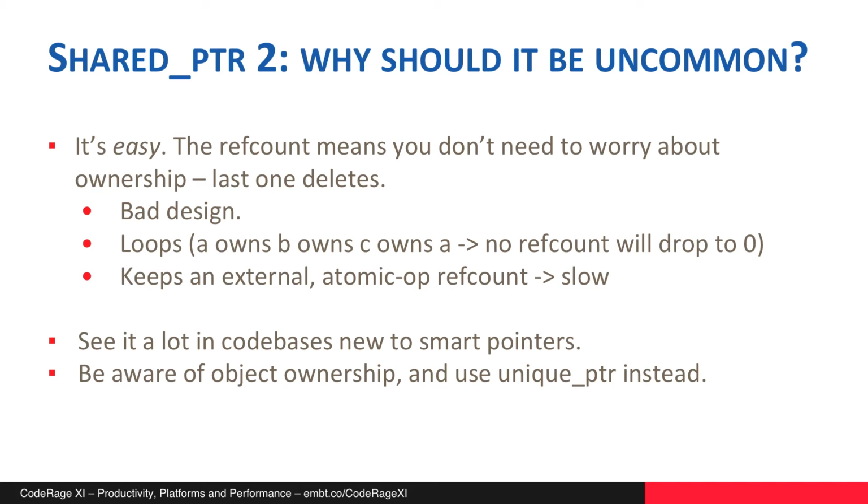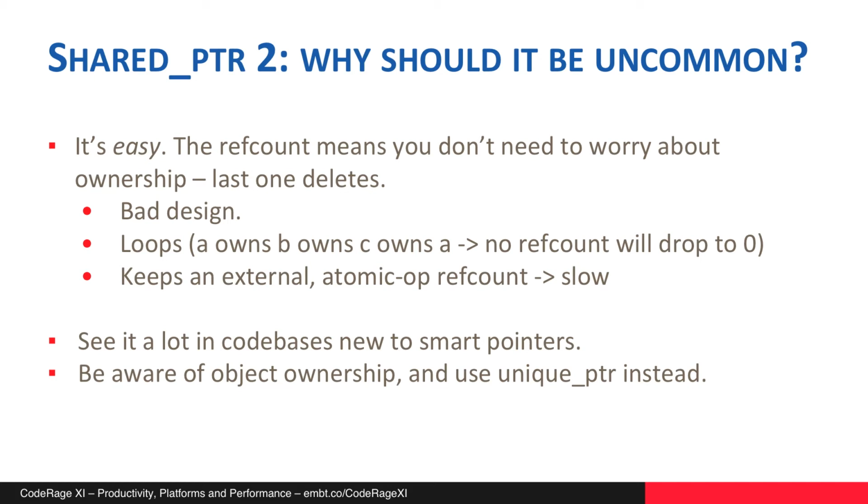So in my experience, you see it a lot in code bases that are new to smart pointers. And that's good because you're using smart pointers and you want to take advantage of using smart pointers, and you want to get rid of all the disadvantages or all the problems that we discussed earlier that come with using raw pointers. But it can indicate bad design.